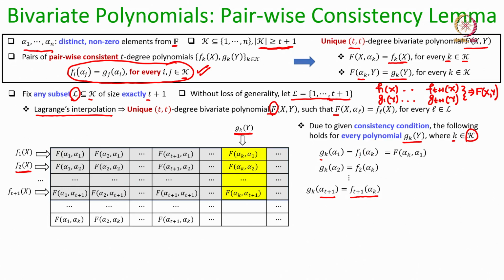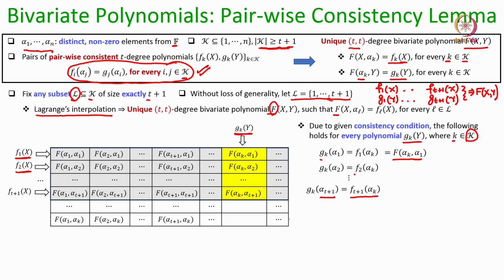Now, we also know that this first x univariate polynomial is nothing but the first row polynomial on the bivariate polynomial which I have interpolated. So, if I evaluate this f 1 x polynomial at alpha k, that is nothing but this particular point on my bivariate polynomial. In the same way, I interpolated my bivariate polynomial f of x y using f 2 x.